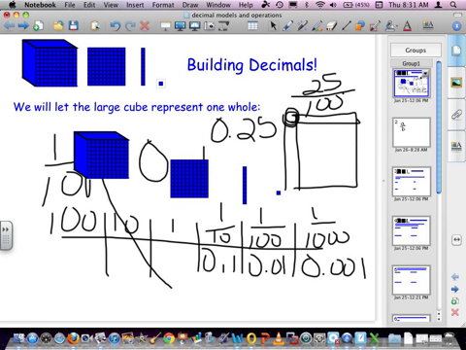Call these little cubes 1 and say things like, if the little cube is 1, how do we know the rod represents 10? Right? So that they realize that it's only called 10 because it's 10 of these little ones that we're calling 1. And why does the flat represent 100? Well, because it's equal to 100 of these little cubes that we're calling 1. Right? Because these things are only named relationally to what we call 1.